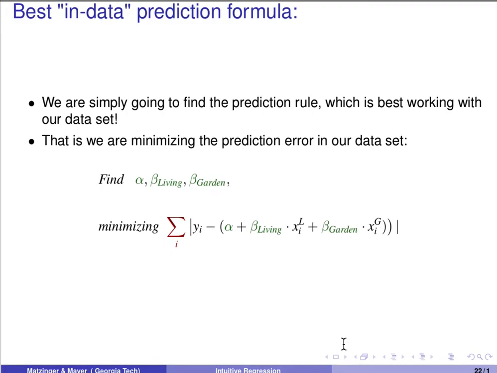So the whole thing is that we're simply going in the data to look for the best such linear prediction rule by minimizing, say, the average error, which amounts to the same as minimizing the sum of the absolute values of the errors. So we want to find parameters alpha, beta living, beta garden, minimizing this prediction error in the data.